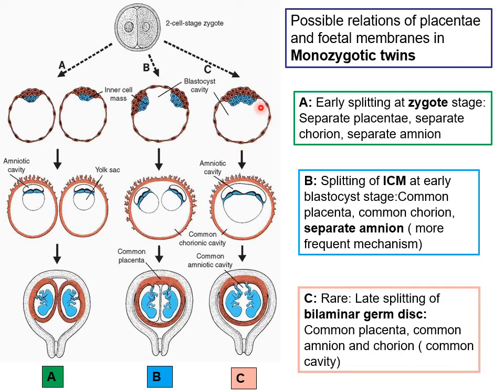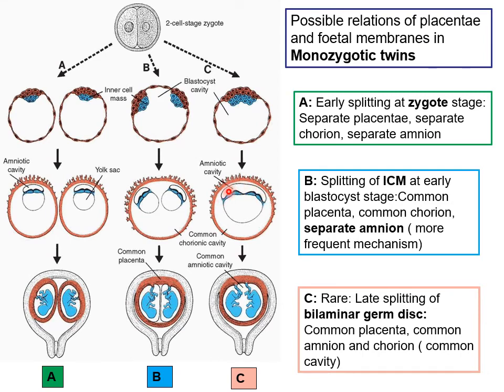Now C is a little more rare. Here there is late splitting, not even of the inner cell mass, but late splitting of the bilaminar germ disc. Then there are two bilaminar germ discs but one amniotic cavity.